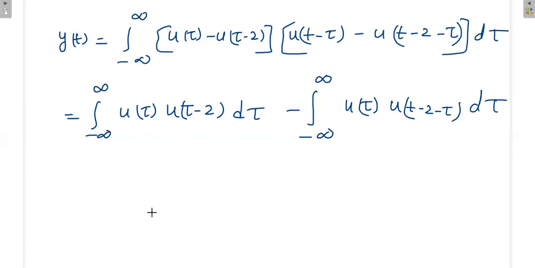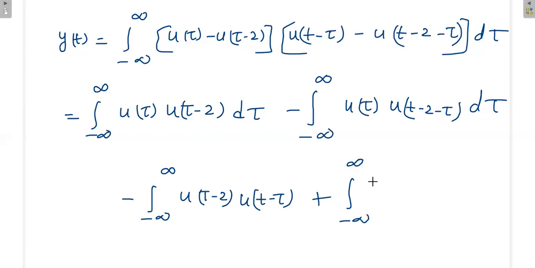Then the third component, this multiplied with this, here also you'll get minus, minus integral from minus infinity to plus infinity of u of tau minus 2 u of t minus tau. Then plus, finally, integral from minus infinity to plus infinity of u of tau minus 2 u of t minus 2 minus tau.